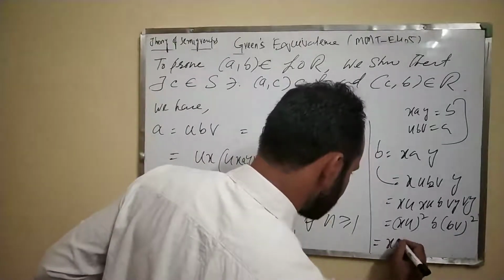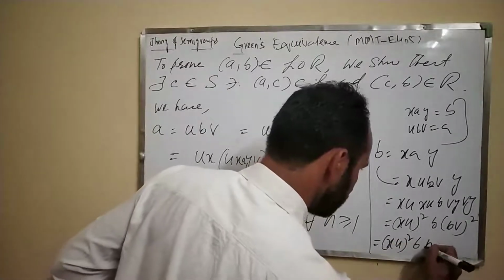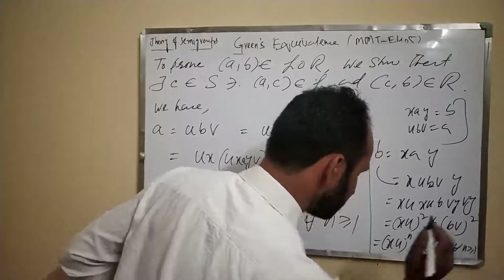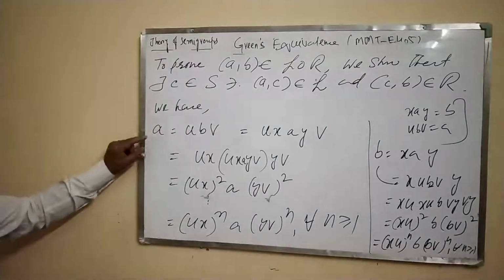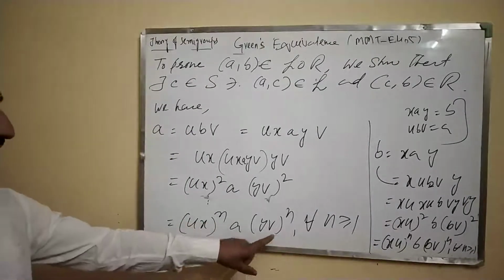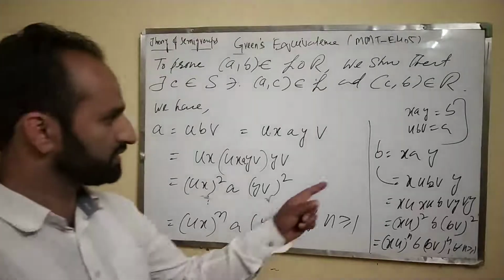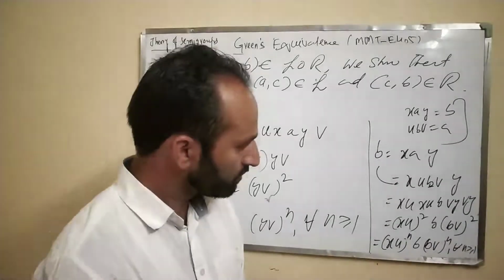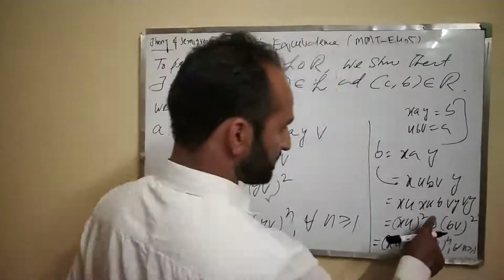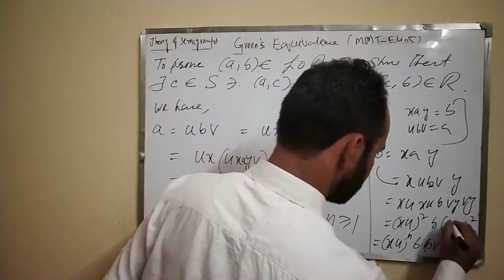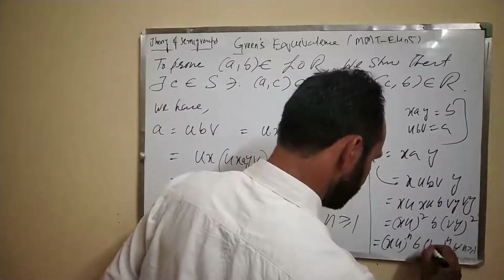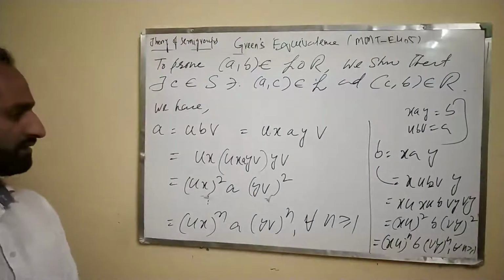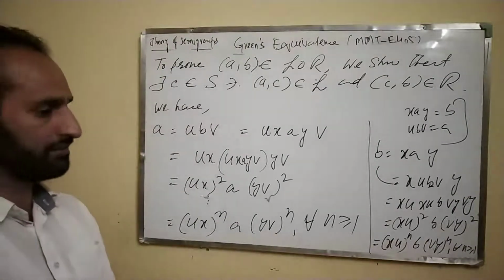This is equal to XU power n into B into VY power n for all n greater or equal to 1.